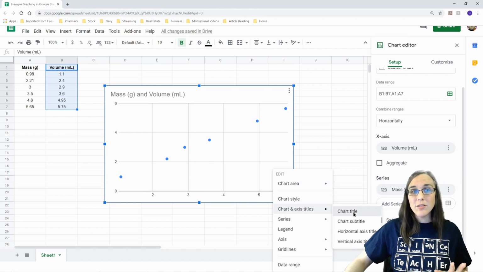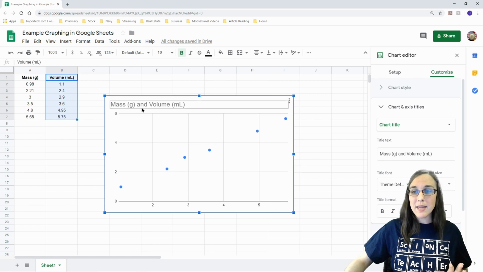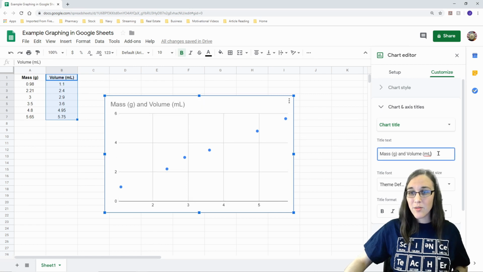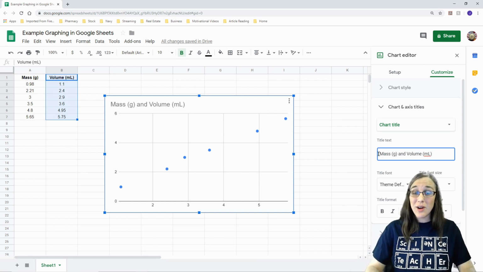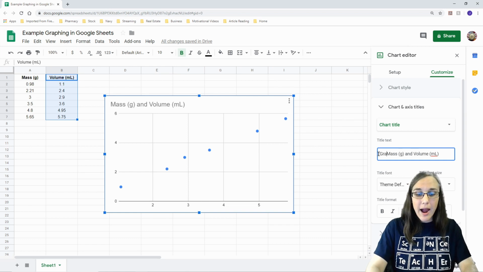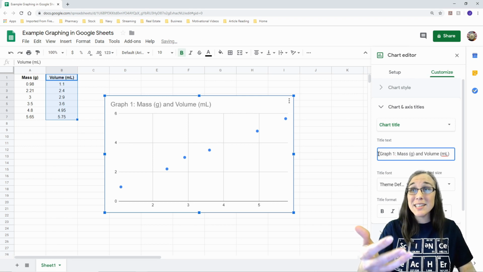My chart title is going to be right here. And I have mass and volume. Now, to properly title this graph, one of the many shortcuts you can take is calling it graph 1, and then defining what that graph is made of.